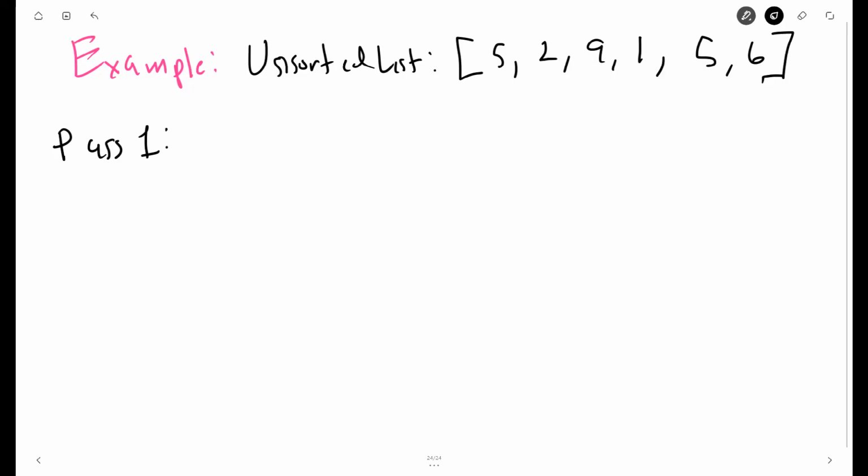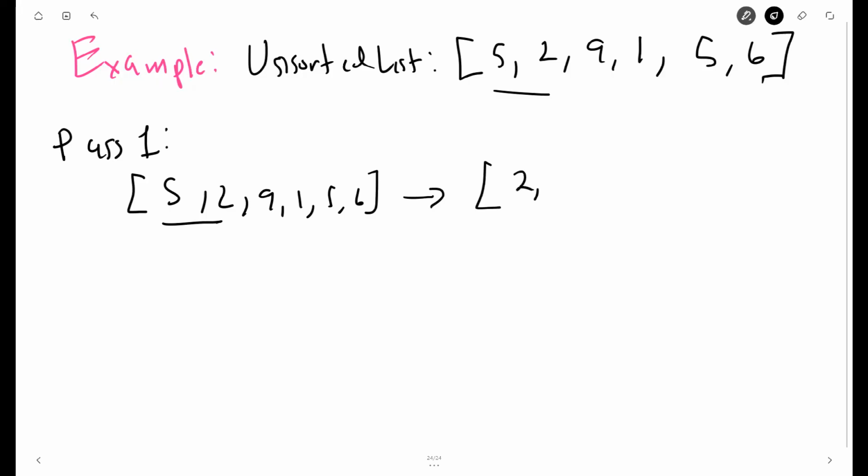We're going to compare and swap the first two elements. 5 is higher, so we swap, and this becomes 2, 5, 9, 1, 5, and 6. So we did a swap here.